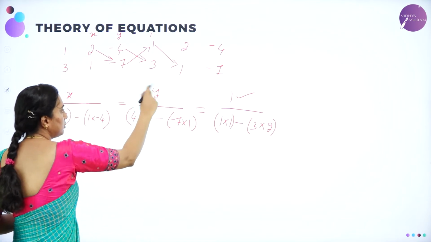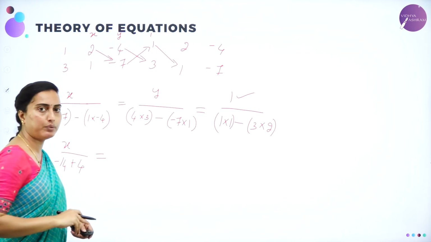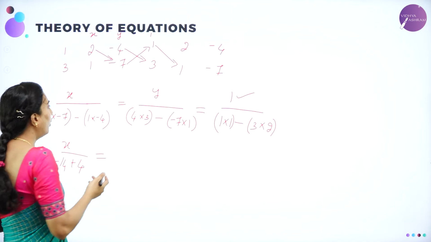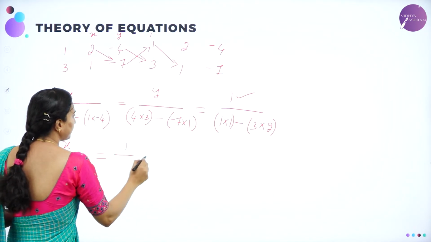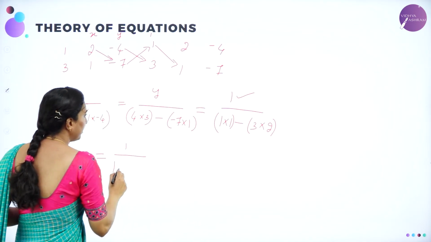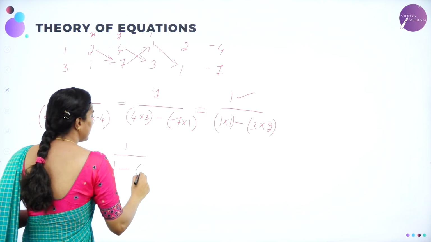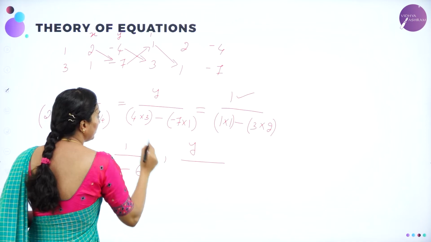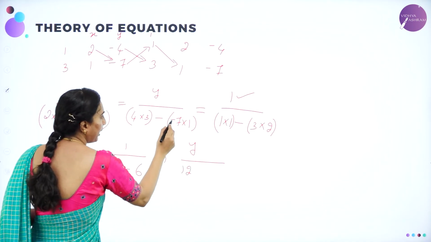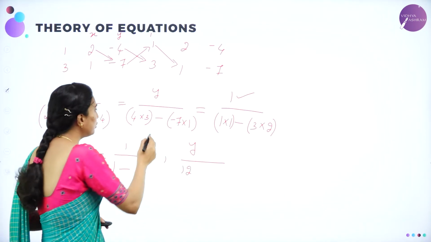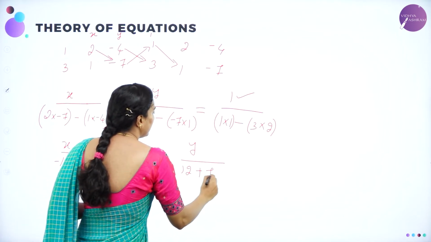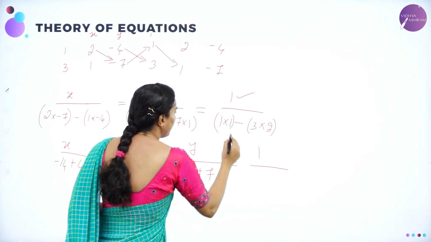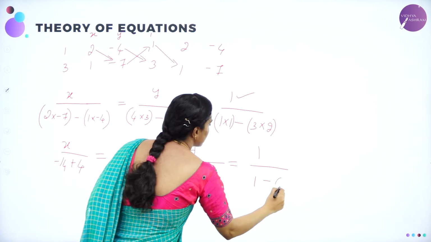Again, solving this: 1 divided by 1 into 1 is 1 minus 3 into 2 is 6. Again equating this, y divided by 4 into 3 is 12, and minus 7 into 1 is minus 7, minus into minus plus 7, equal to the same, 1 divided by 1 minus 6.